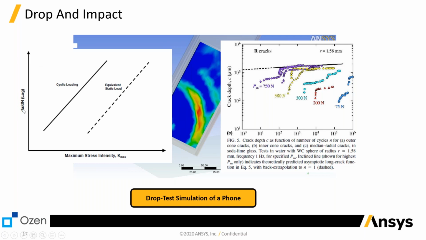dA stands for crack length, and on the horizontal axis we are looking at maximum stress intensity. That is the crack. At the crack interface, we can look into the stress intensity factor and see, if we ever have a crack in our phone, how it's going to propagate over time.